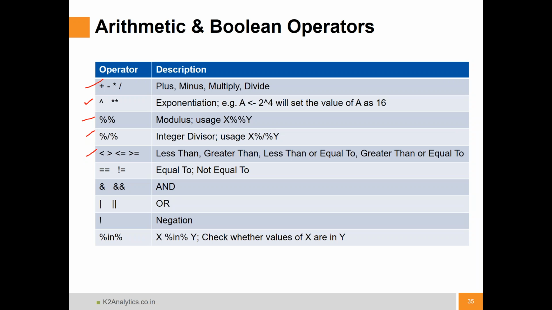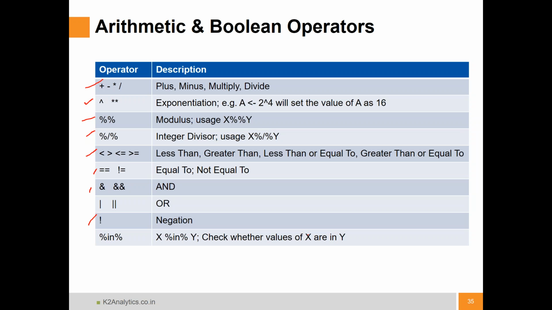This one is less than, greater than, less than equal to, greater than equal to. Double equal to is for equal to comparison, and exclamation equal to is not equal to. Ampersand or double ampersand is and, pipe or double pipe is or, exclamation is for negation, and percentage in percentage is to check values of one in another.